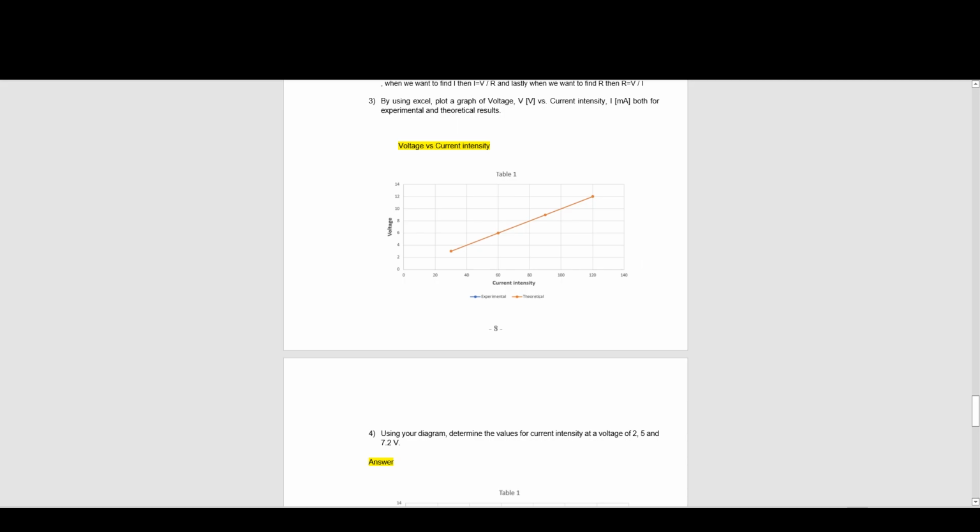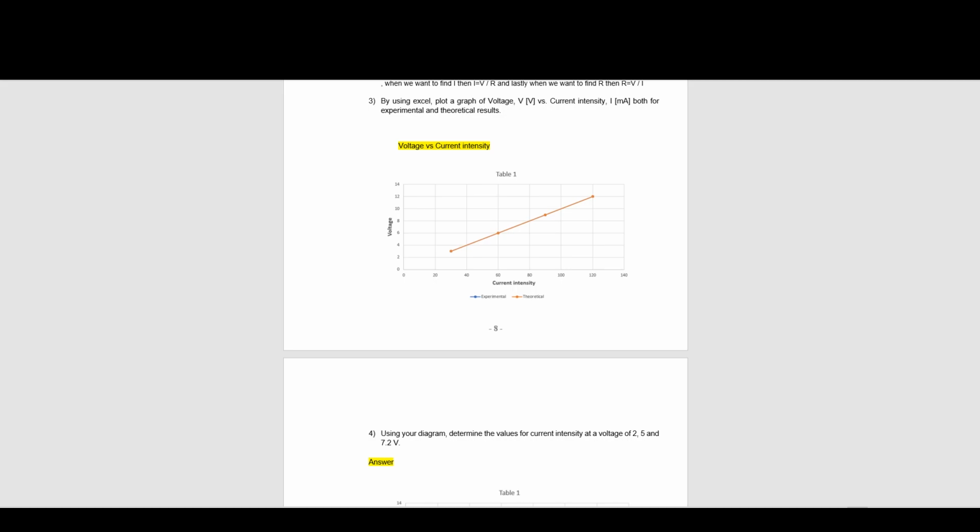For number 3 of the discussion: using Excel, plot a graph of voltage V versus current intensity I, for both experimental and theoretical results. For this graph we make it from table 1 only.